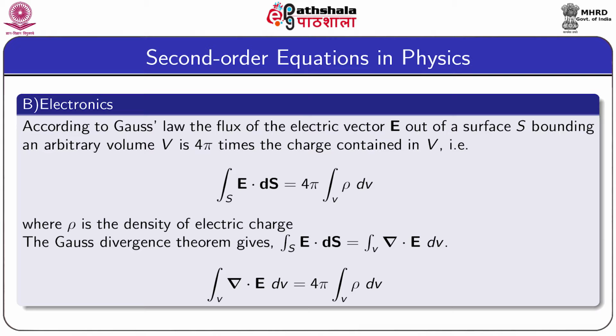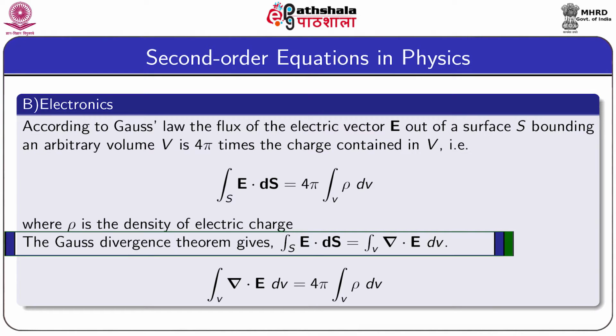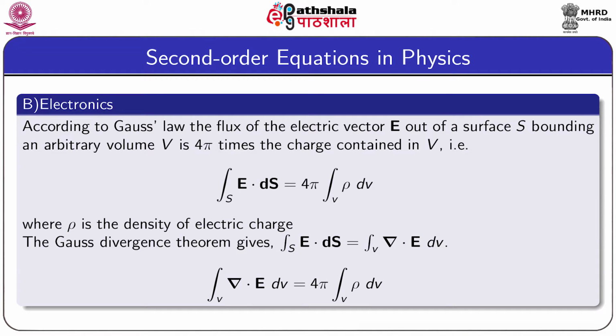We all know that the Gauss divergence theorem says that the surface integration of E over the surface S is equal to the integration of the divergence of E over the volume V. If we use the Gauss theorem, then we obtain the integration of divergence E dV equals 4 pi times the integration of rho dV over V. If we compare both sides, then we get divergence of E equals 4 pi rho.